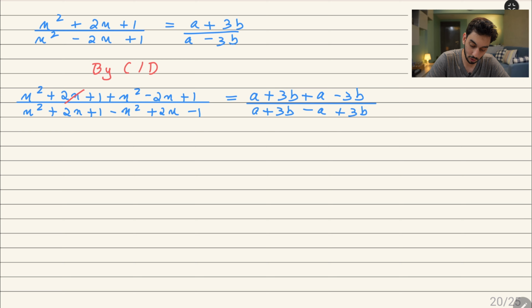Let's see what goes away. So 2x and negative 2x goes away, x square and negative x square, 1 and negative 1 go away, 3b, negative 3b, a and negative a just goes away.